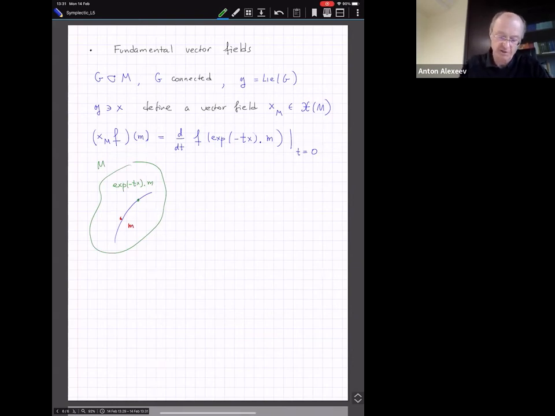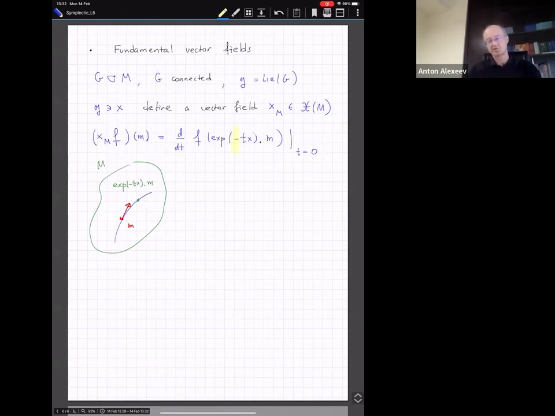Basically, this vector field corresponds to a vector which is tangent to this orbit, and its length depends on how fast my group element is moving the point. So that's the idea.